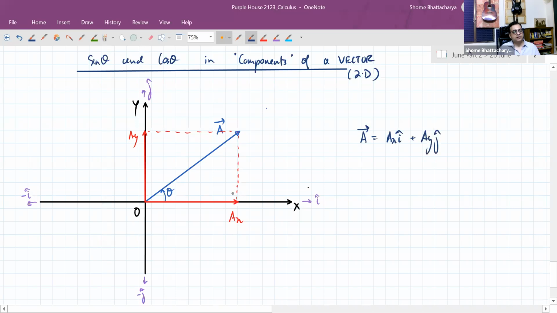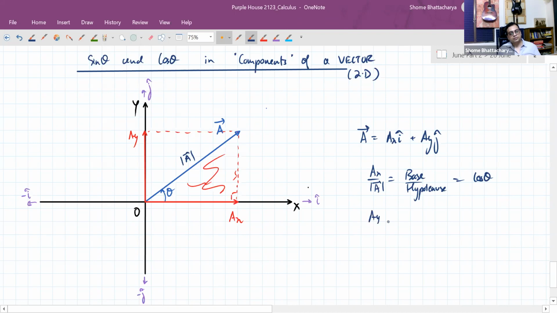But as you can see, applying trigonometry, this is a right angle triangle, and this is of course the magnitude of the vector, the hypotenuse. So AX upon mod A becomes perpendicular upon hypotenuse, so it becomes sine theta. Sorry, it becomes base upon hypotenuse, so that becomes cos theta.